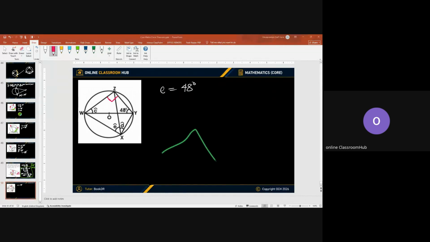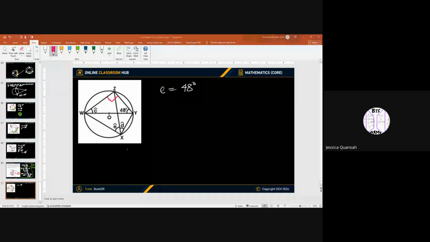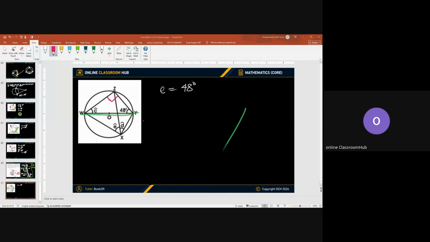Which two lines meet like this to form the 90 degrees over there? W and Y. No. Is it line XY? No, not XY. It's line WY.